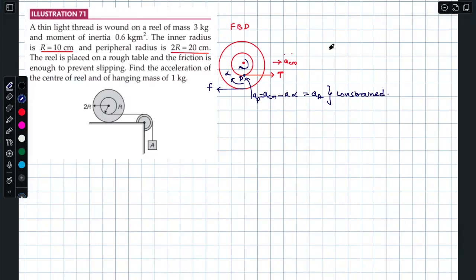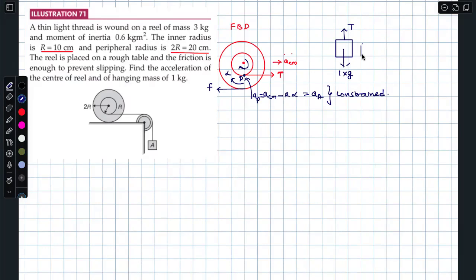Now let me study the free body diagram of A. Hanging mass 1 kg, 1 into g.